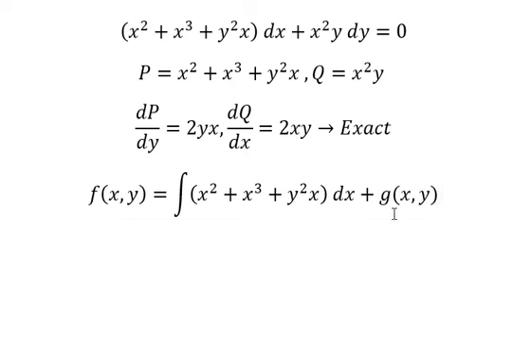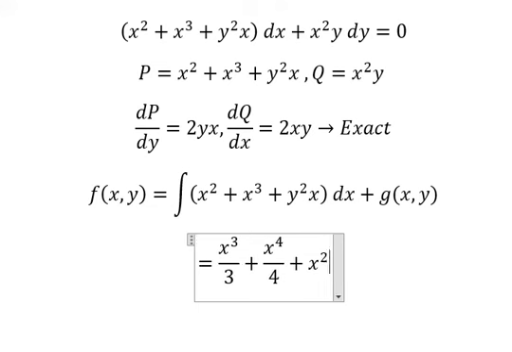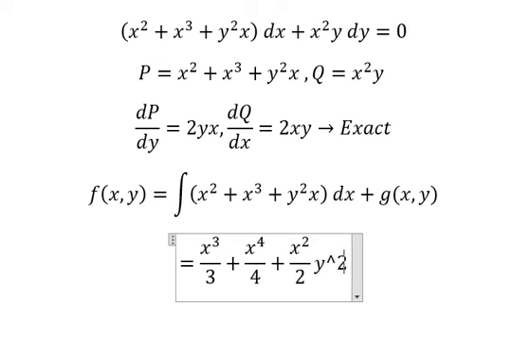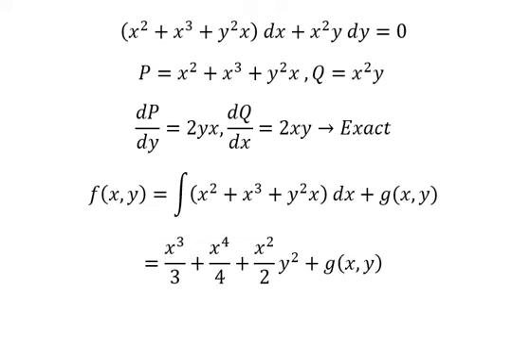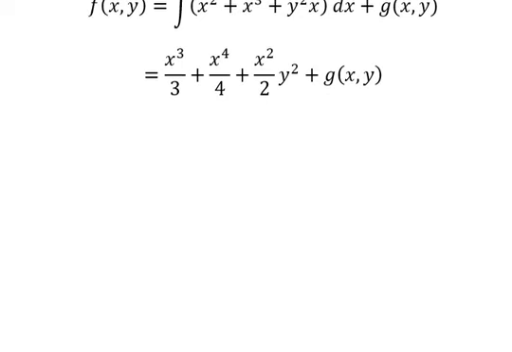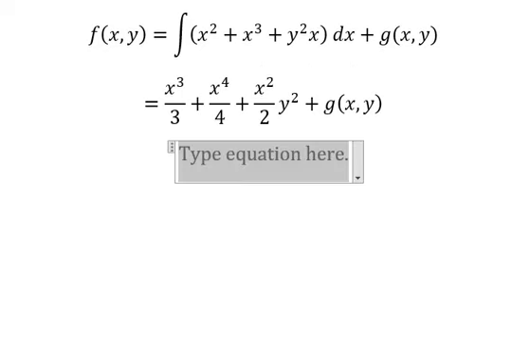So the integration of s squared, we have s to the power of 3 over 3. And the second one is s to the power of 4 over 4. And the next one is s squared over 2y squared. And now we need to do first the derivative of f with respect to y.